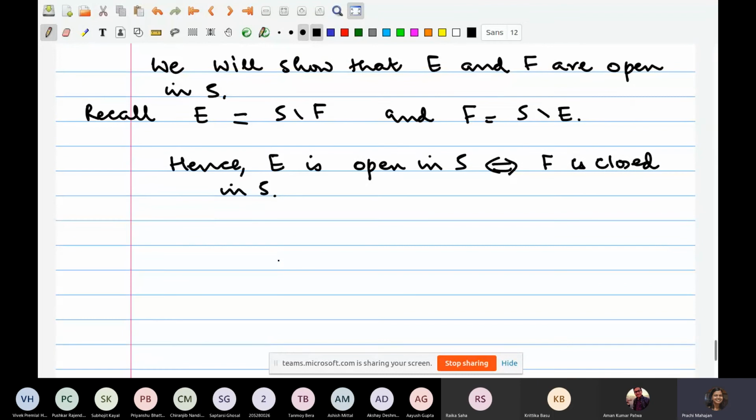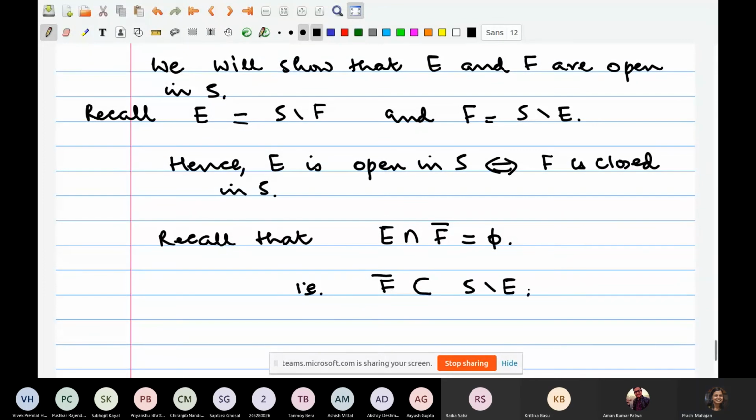Let's see how we show that F is closed in S. Recall that by definition E and F are separated, which means that no point of E is a limit point of F, which means that E does not intersect the closure of F. So this exactly means that the closure of F is contained in the complement of the set E. But the complement of the set E is exactly the set F, because S is E union F. Now what does it say?